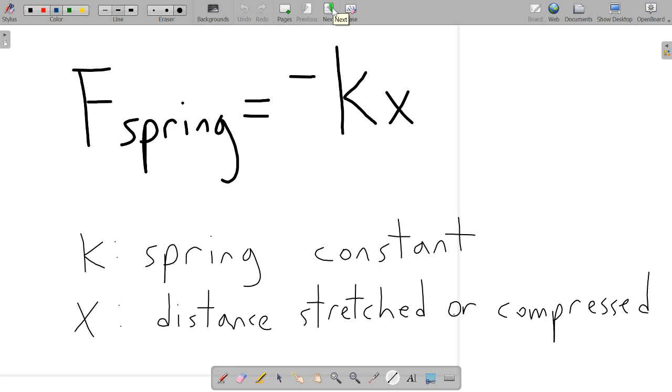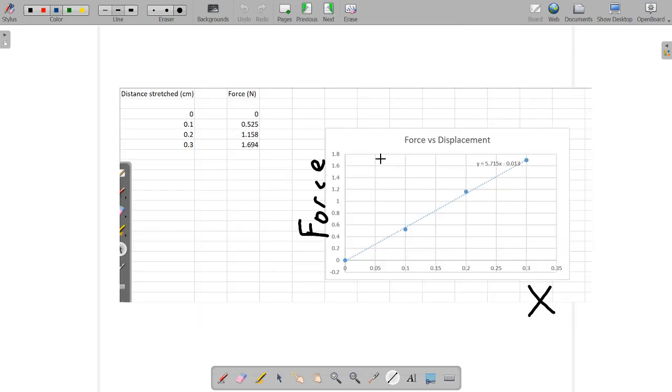With that said, going back to our data, remember on the y-axis was force, and on our x-axis was displacement, or distance stretched. We first begin by analyzing the slope. What does this slope tell us? The slope of this line, which in this case is 5.7, what does it mean?